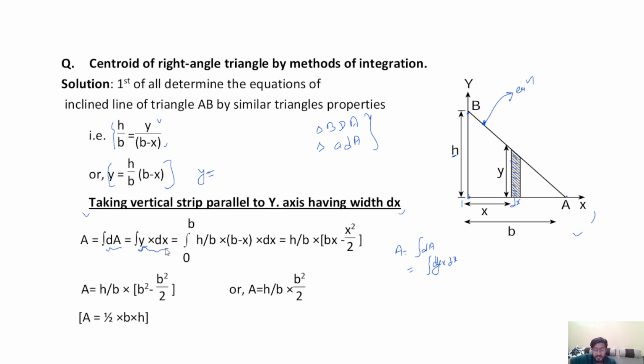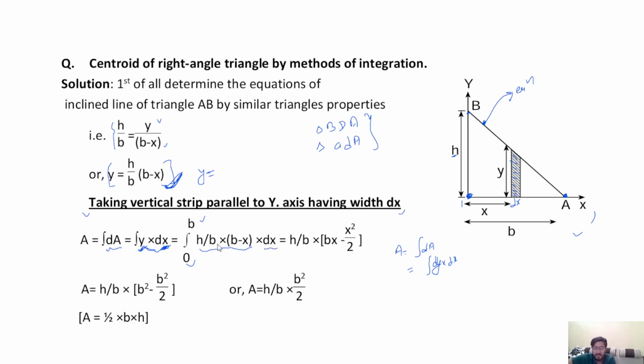The integration is done by dx, that's why the limit of x is assigned in this limit of integration. That's why the limit of x is from 0 to b on the x-axis, and the value of y is taken from above, that is y is equal to h by b into b minus x, into dx.